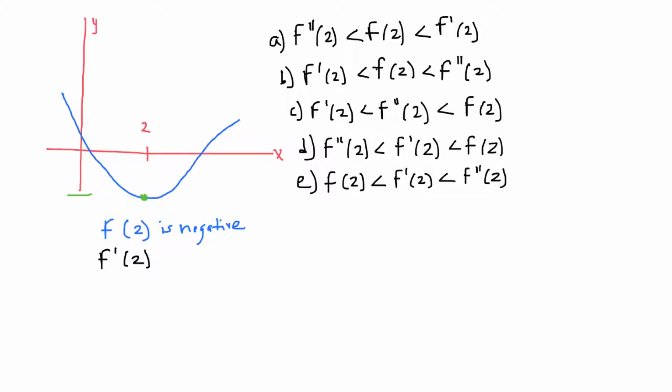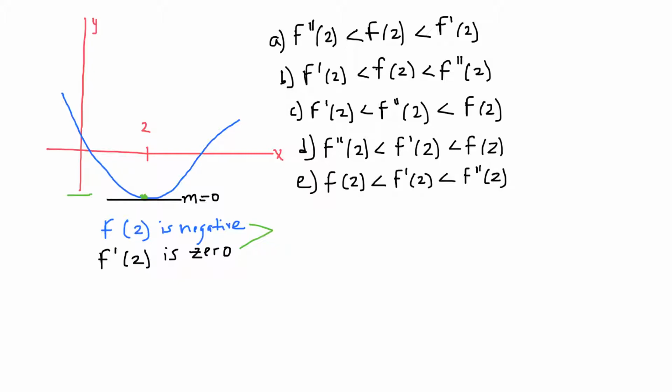So try to draw the tangent line at 2. What can you say about that slope? It's clear that it's a horizontal tangent line, so f prime of 2 is 0. You can already see that it's easy to compare these two. One is negative and one is 0.